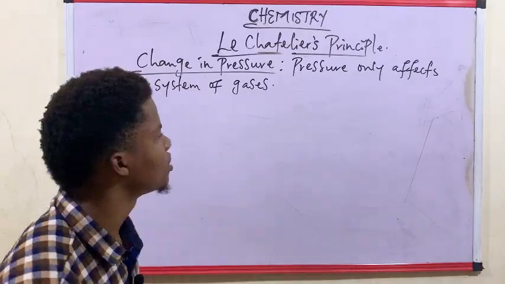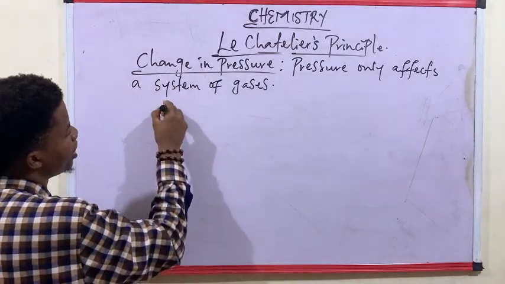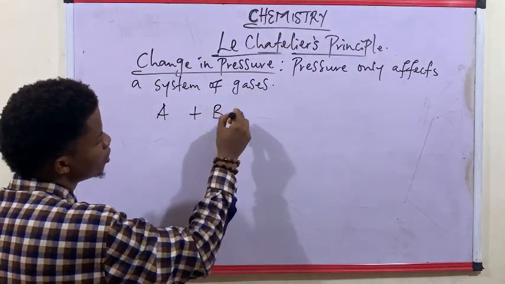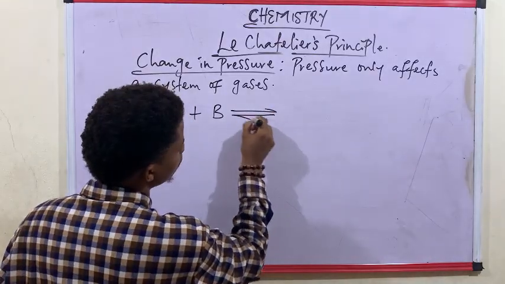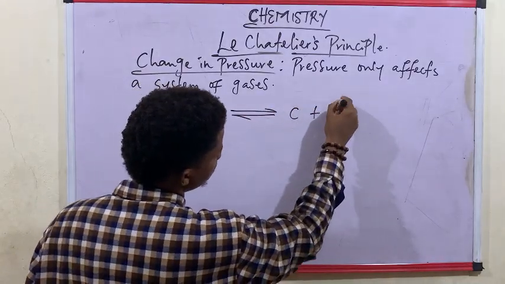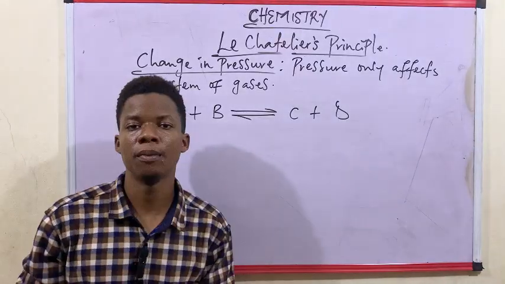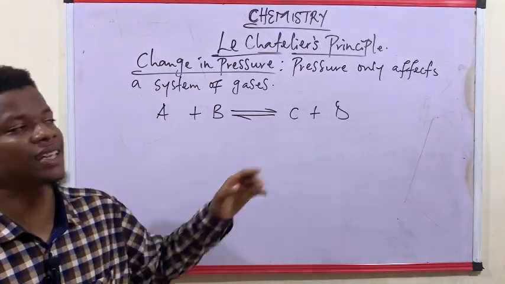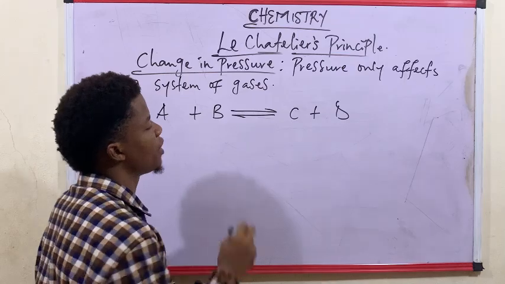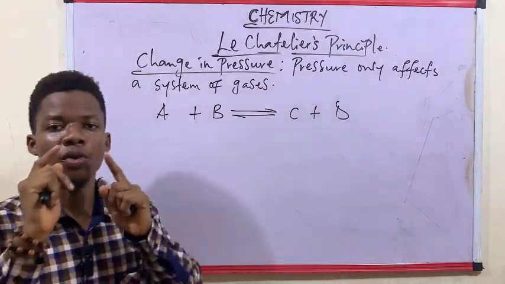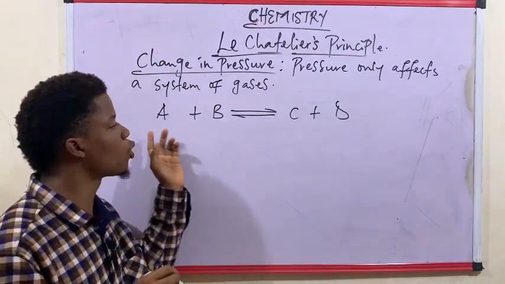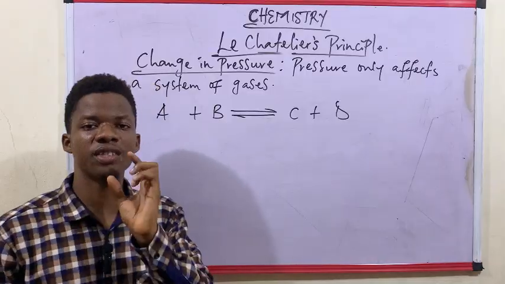So it therefore means that if you have this, for example, A plus B to give C plus D, for pressure to have an effect on this chemical system, what we need to ascertain is if all of them are in the gaseous state of matter.